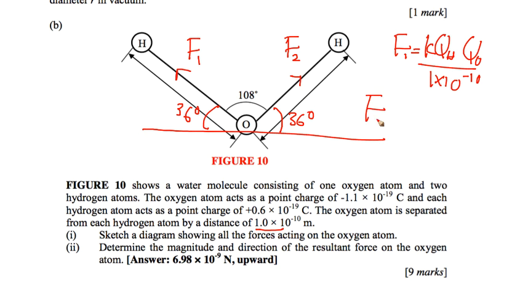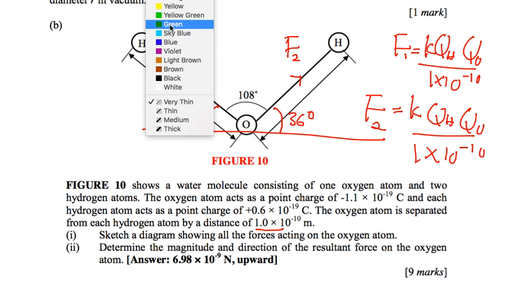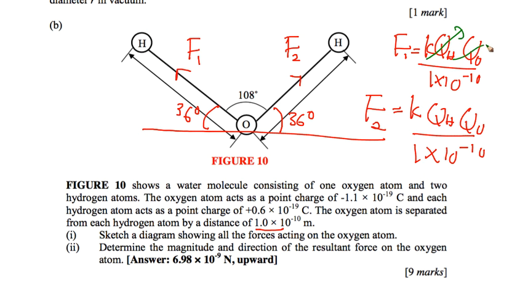The same process for F2, because you have hydrogen and oxygen, so F2 is equal to K Q_H Q_O, the oxygen atom, and the distance is the same value, 1 exponent minus 10. If you use the values of Q_H and Q_O, and the constant K is 9 exponent 9.